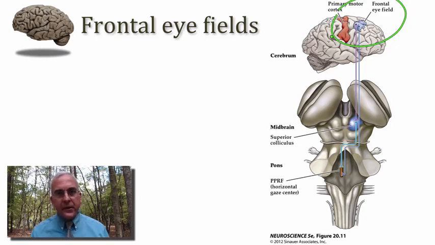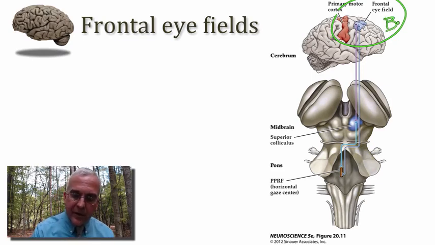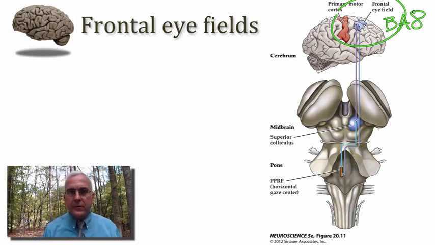So they're probably just outside of the precentral gyrus in a region that we call Brodmann's area 8. Now there's some concern as to whether the frontal eye fields that have been described in non-human primates are exactly in the location that we would predict in the human brain based on these non-human primate studies.